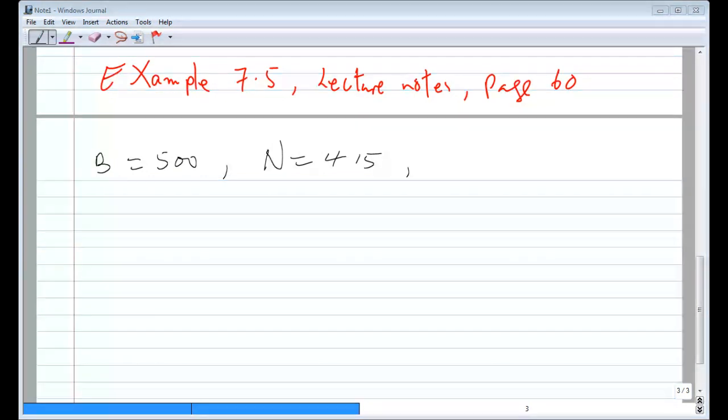Another question is, remember, there are some instances when M is given, and some instances where M is not given. Remember, M is the number of elements in the population. In example 7.2 on page 58, was M given or not? In that case, it was given, isn't it?